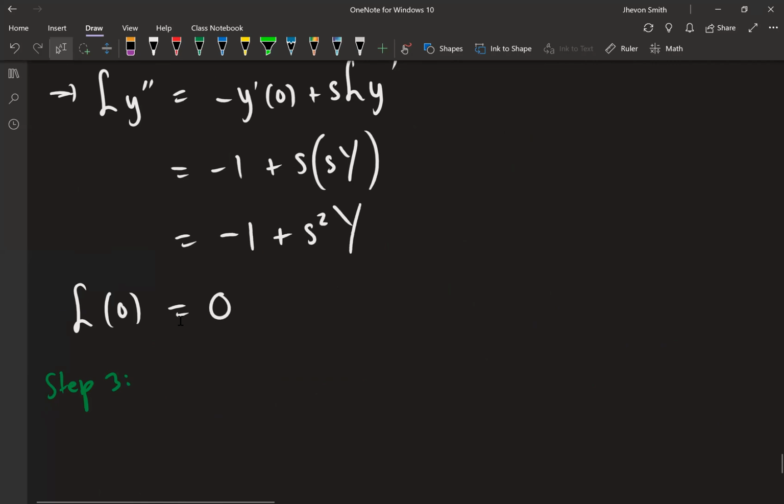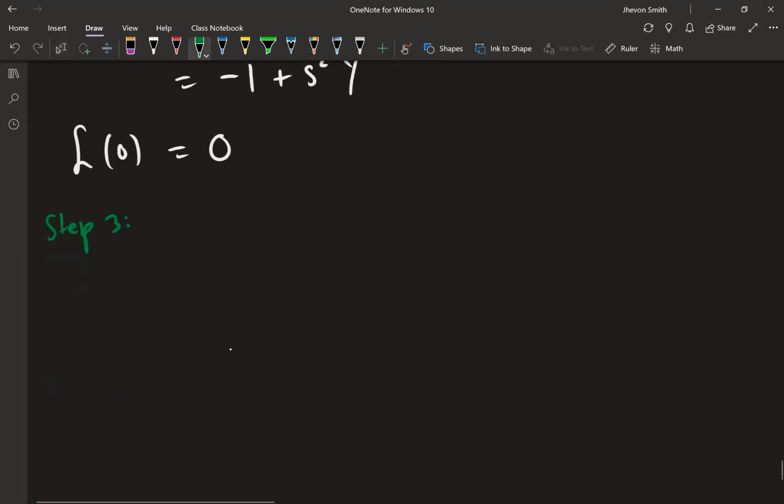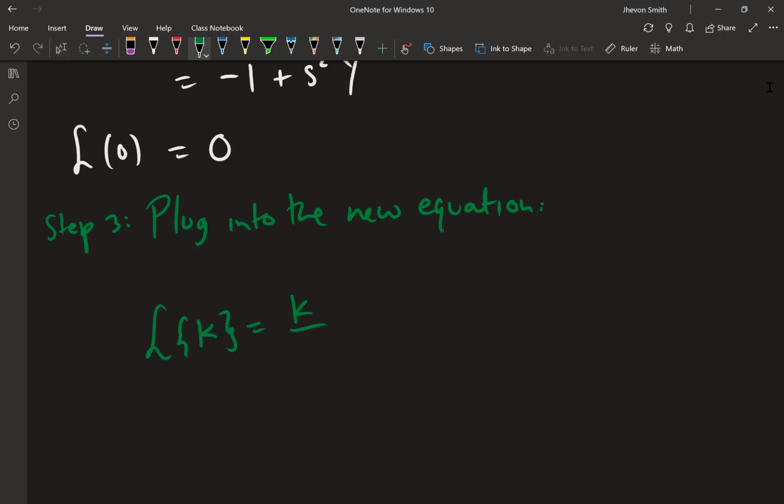And with the right side, you just use the table, or you just know how to find the Laplace transform of a constant. It's a constant over s. Step 3 now, plug into the ODE. We proved earlier that the Laplace transform of a constant is a constant over s. This means that the Laplace transform of 0 is 0 over s.